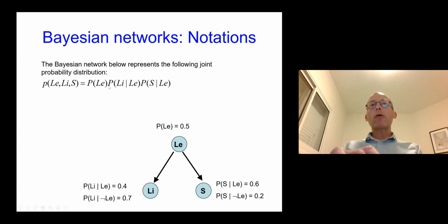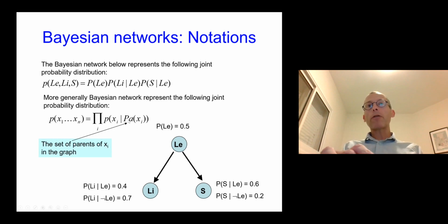In this case, we have the probability of LE, which doesn't have any parents, times the probability of LI conditioned on LE, times the probability of S conditioned on LE. So this is the definition of a joint probability distribution defined by a Bayesian network. Basically, it's a product of each node conditioned on its parents. If it doesn't have a parent, then just a prior. If it has multiple parents, then this would be a function of all the values of the parents. But this is the joint probability distribution.